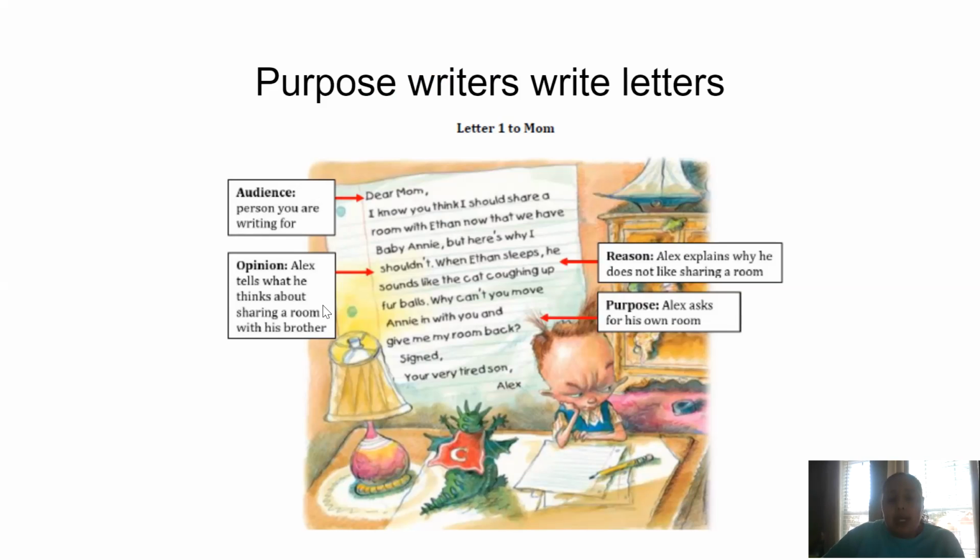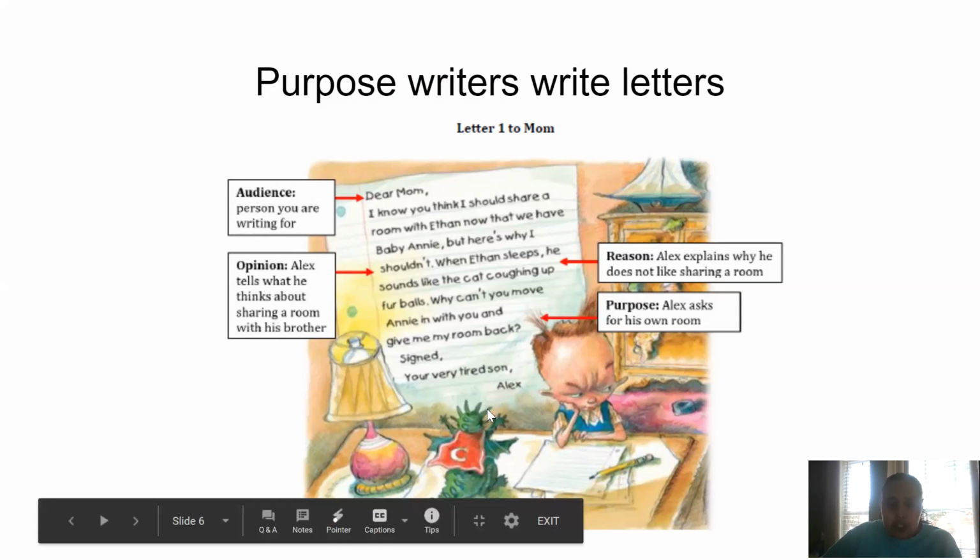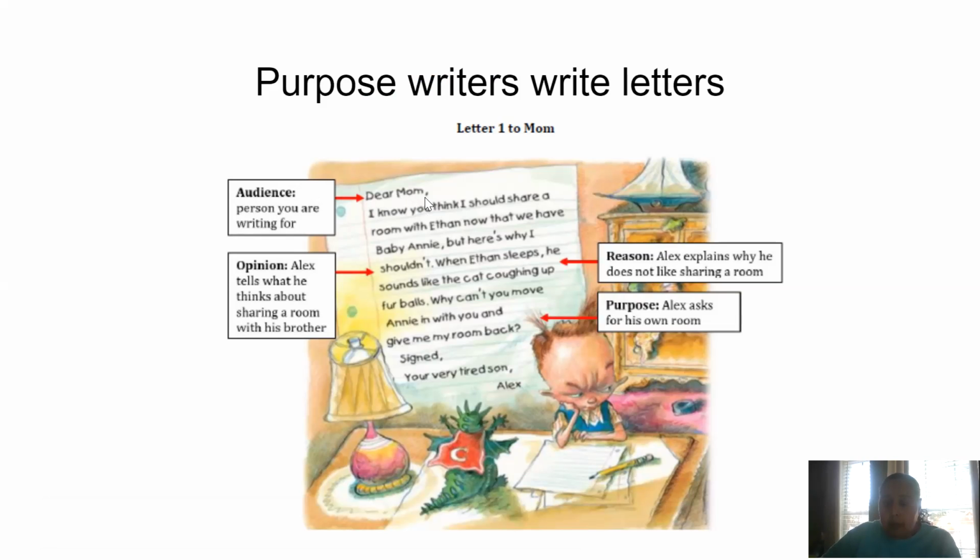And so here we have examples of this first letter. We know that the audience is mom, because in the first part of our letter, in the greeting, we have dear mom. One of the first parts of a letter is the greeting, so we know who the person is that they're writing this for.